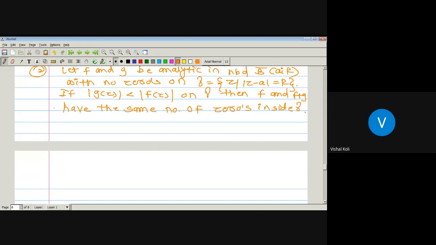Okay, again we have to prove this one. So let us see the solution, that is the proof.